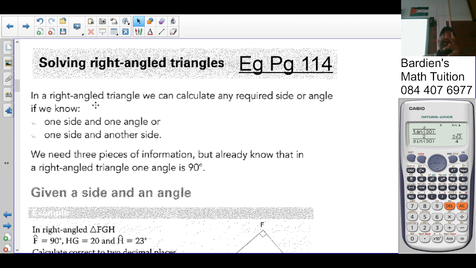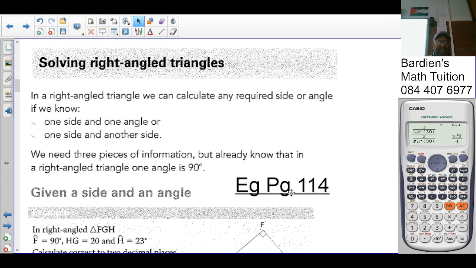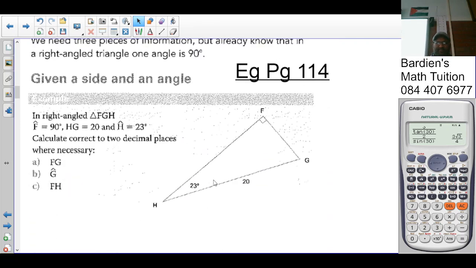What does solve the triangle mean? Solving the triangle means calculating all the unknown sides and all the unknown angles. Make sense? We need three pieces of information, but we already know that in a right angle triangle, one angle is 90. So as long as it's a right angle triangle, that would work for us.